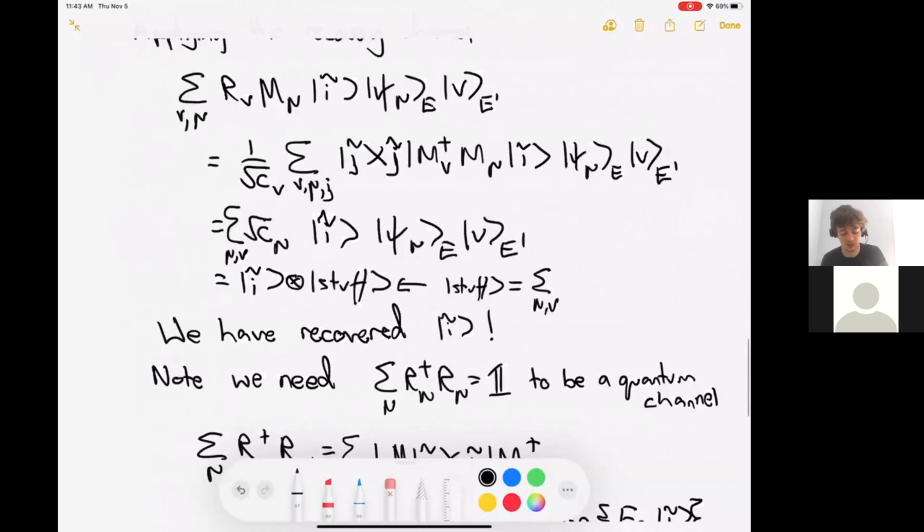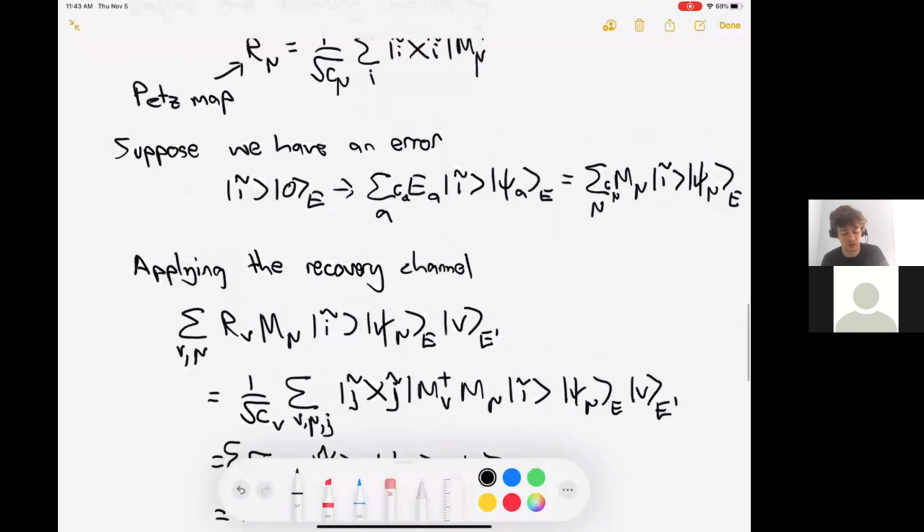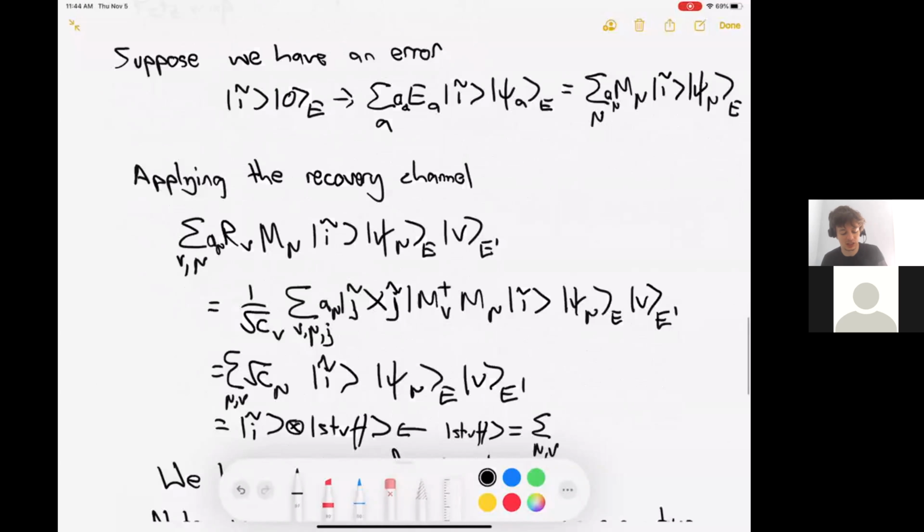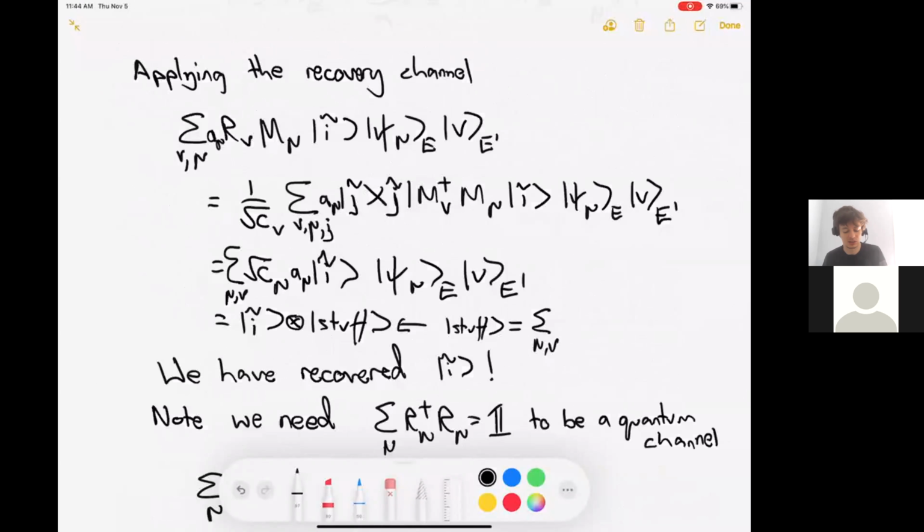Okay, now I need to put my C mu's in here as well. Sorry. Now let's call these A to distinguish them from the other C mu. We have an A mu here, an A mu here. Stuff, sum over mu nu, A mu, square root big C mu, psi mu.